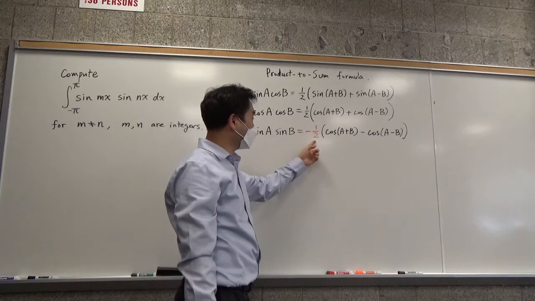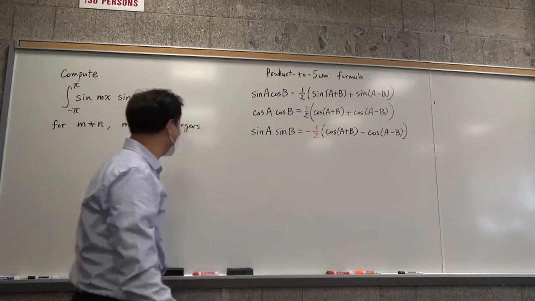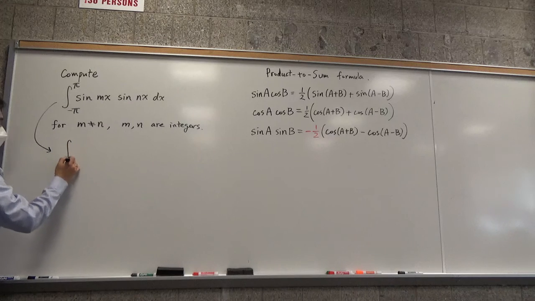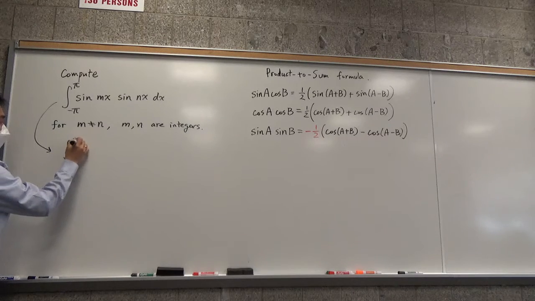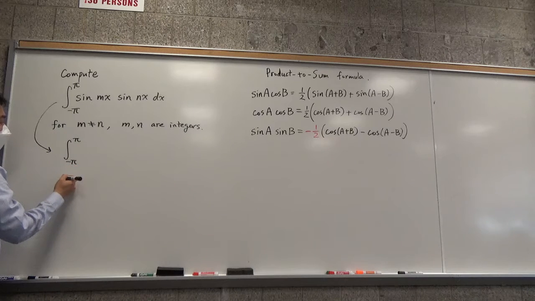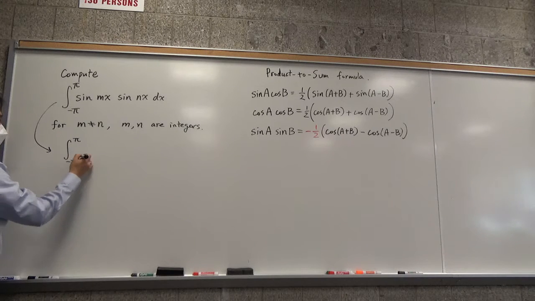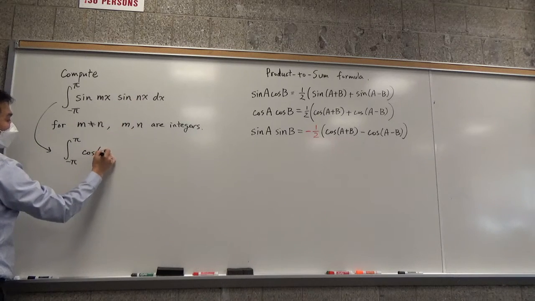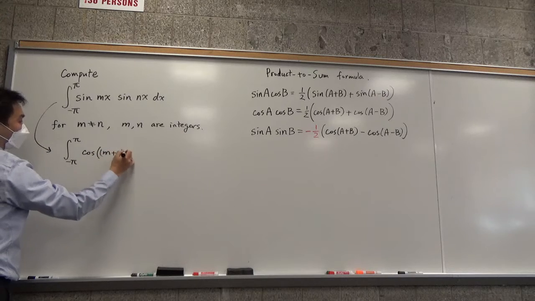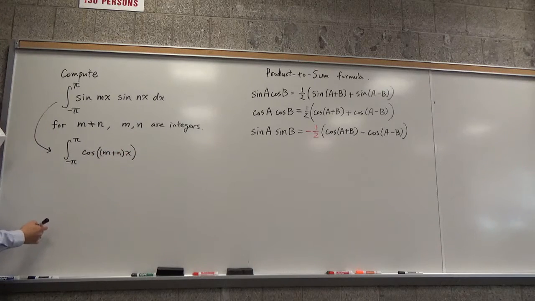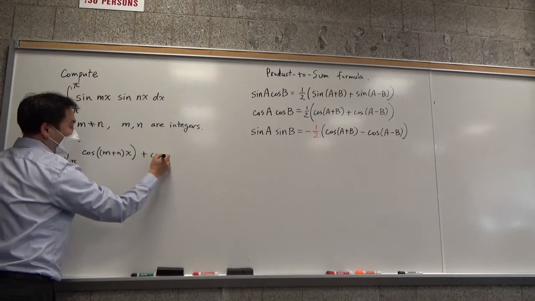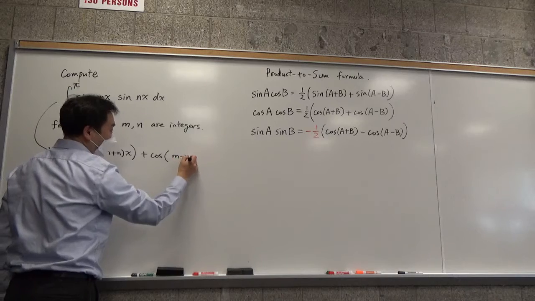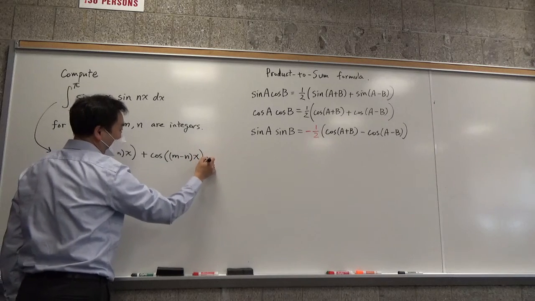That's the same as -1/2 of cosine A plus B minus cosine A minus B. So this integration would be the integration from -pi to pi of cosine of this plus that, which is m plus n times x, plus cosine of this angle minus that angle, so that's m minus n times x.